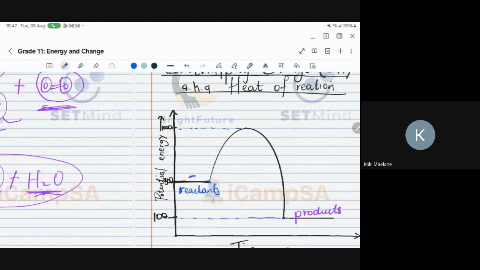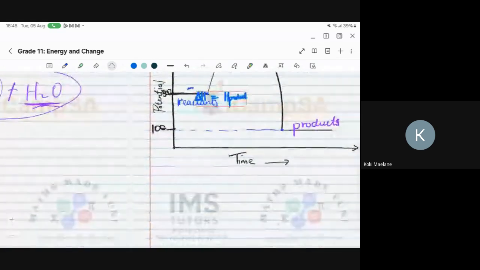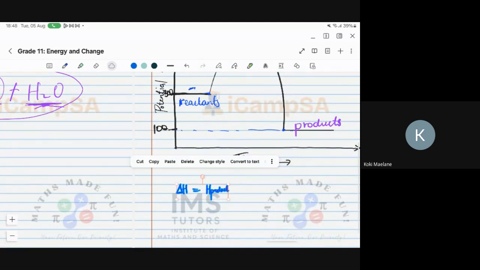So for this particular graph, delta H will be given by H product minus the reactants.